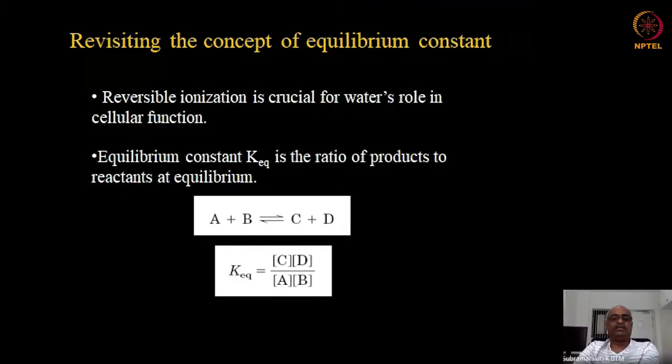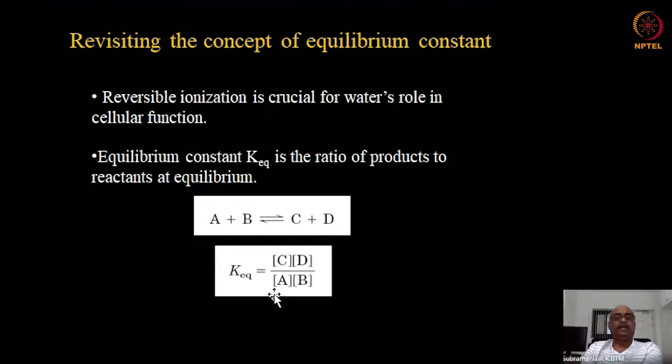Primarily it all comes from the basic point that the rate of the reaction is directly proportional to the concentration of the reactants. And here you have two of them, so you can write two equations. And when you say both are equal and then you take the constants out and rearrange, you will get this.